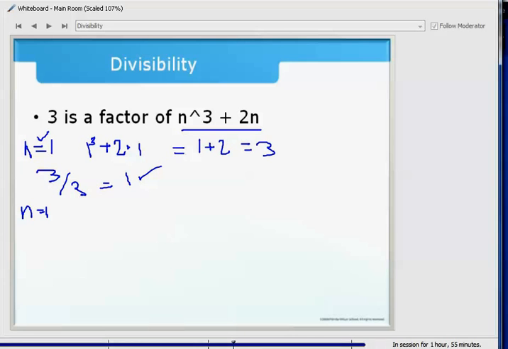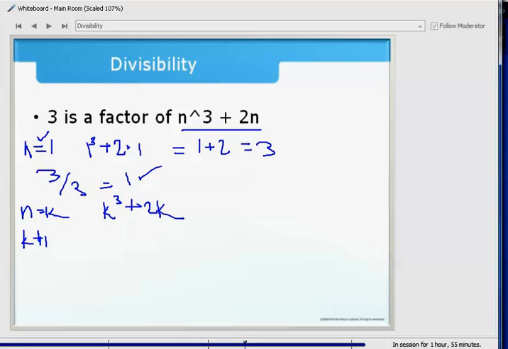Next, I'm going to assume that it's true for n equals k, so I'm going to replace this with k cubed plus 2k. The last step is to show that it's true for k plus 1. What I need to show is that once I add the k plus 1 term in there, 3 is still a factor.